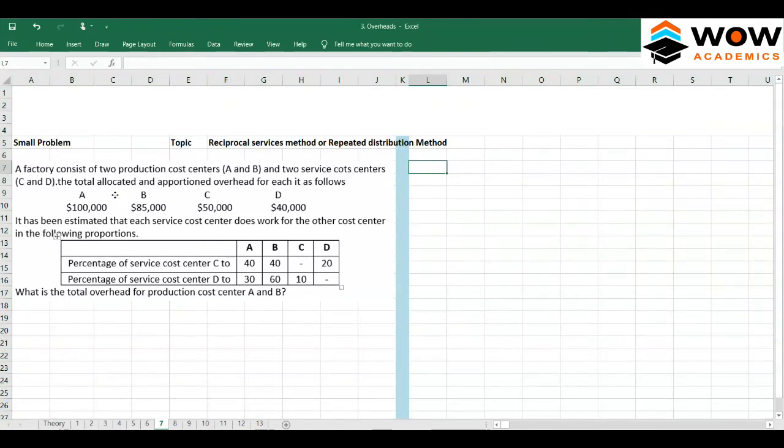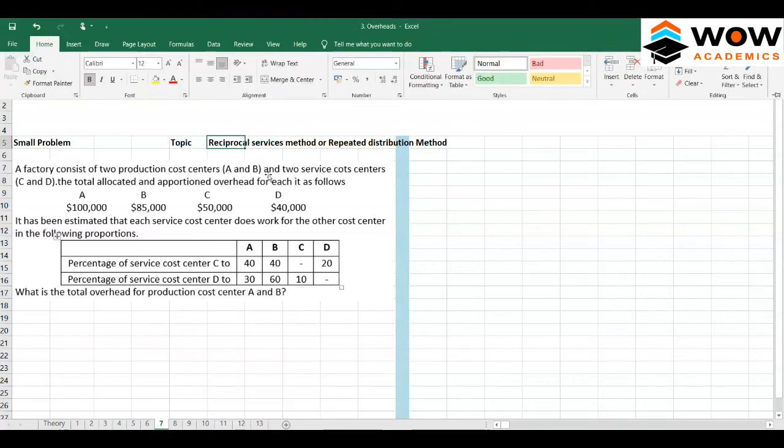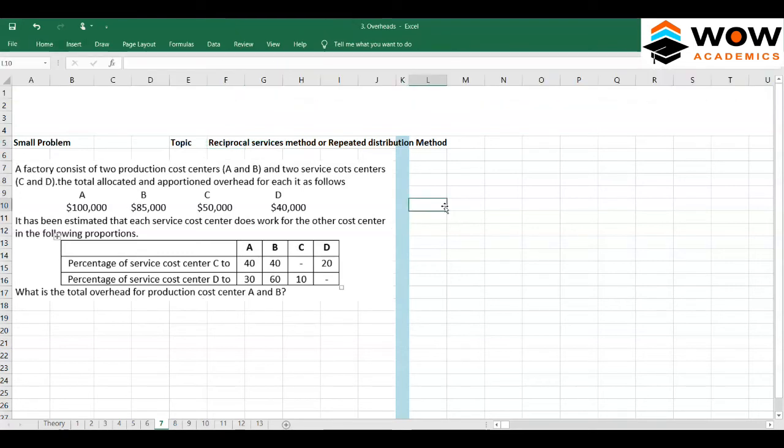A factory consists of two production cost centers A and B and two service cost centers C and D. The total allocated and apportioned overhead for each is as follows: 1,85,000, 50,000, 40,000, and the percentage in which they are allocated is C gives its service like this and D gives its service like this. They're asking what is the total overhead production cost center of A and B, and the method that we have to use is the reciprocal service method or repeated distribution method.